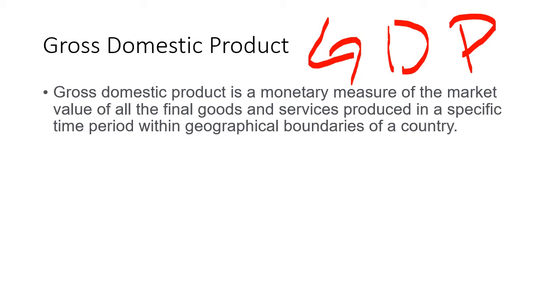He is a Pakistani, but his income will not be included in GDP of Pakistan because he is not earning in Pakistan. In GDP, the monetary measure of the goods and services which are produced within the geographical boundaries of country are included only.